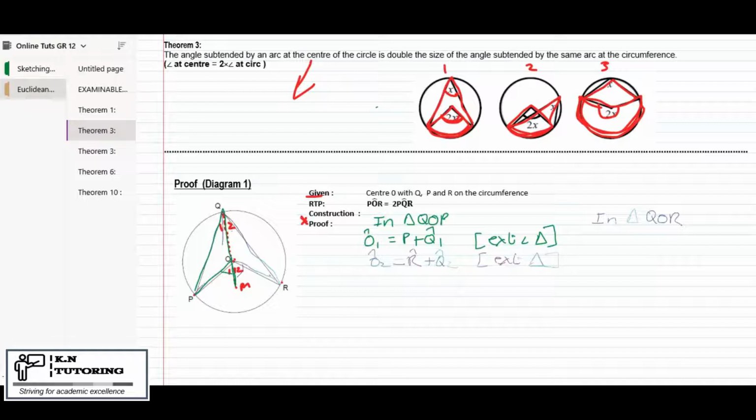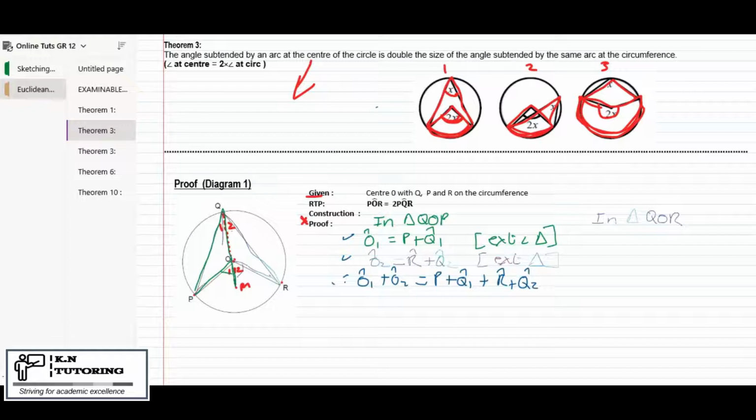Okay, so now that we've got this and we've got this, we can say therefore angle O1 plus angle O2. So here we are just adding what is on the left hand side, and adding it to the right hand side, which is equal to P plus Q1 plus R plus Q2.